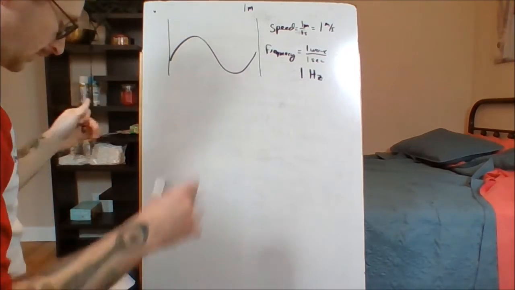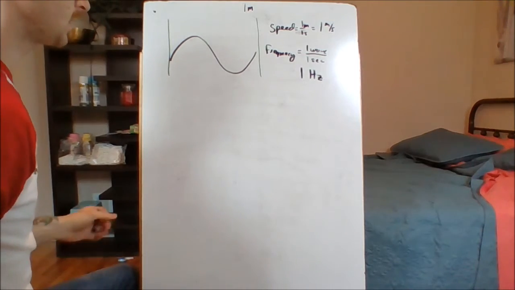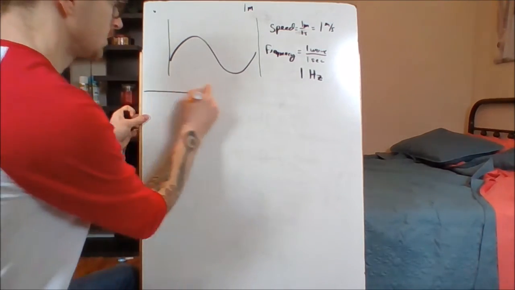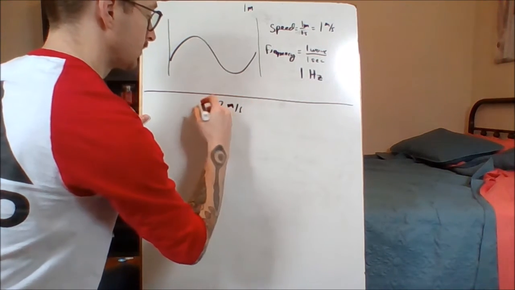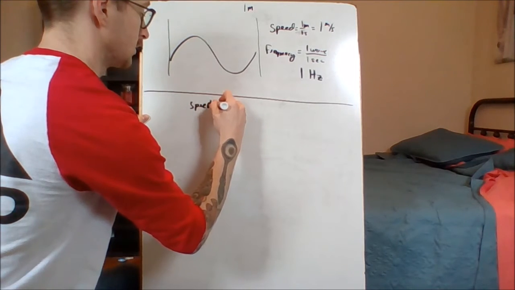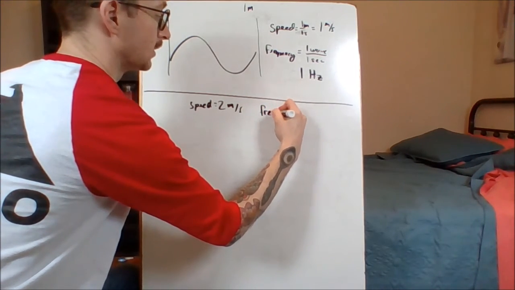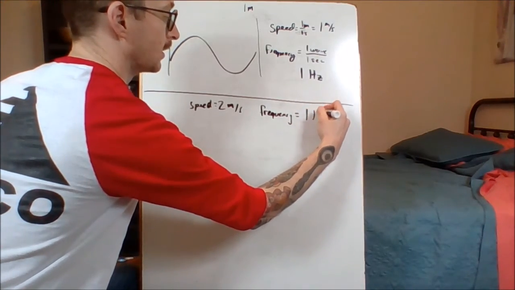So let's say we then double the speed. So the speed now is 2 meters per second. But we want the frequency to stay 1 hertz.